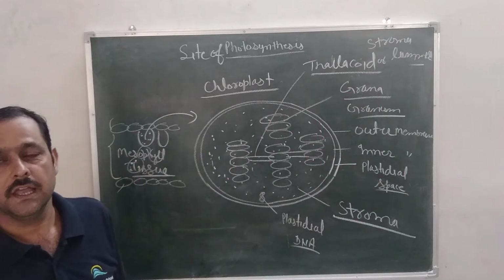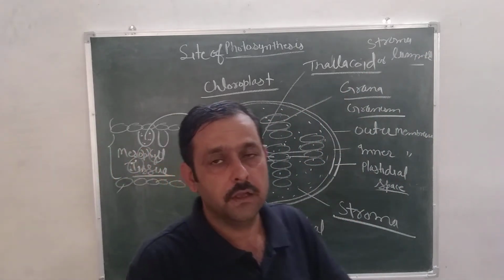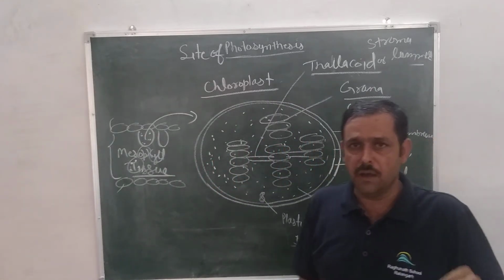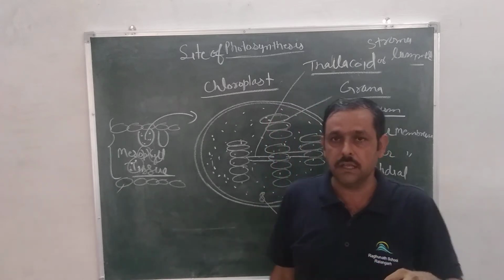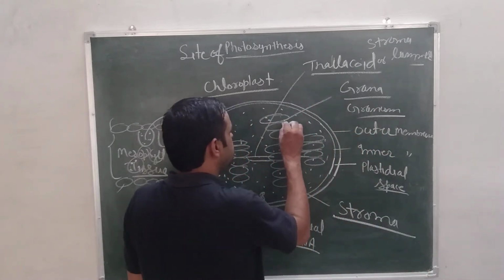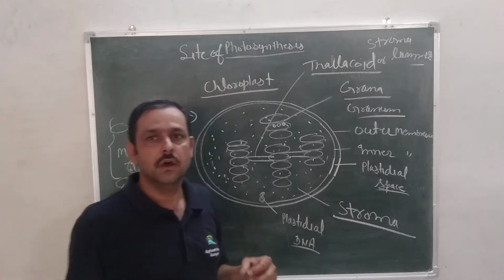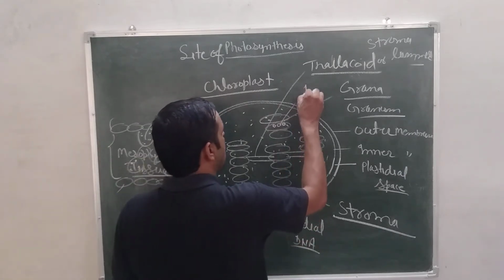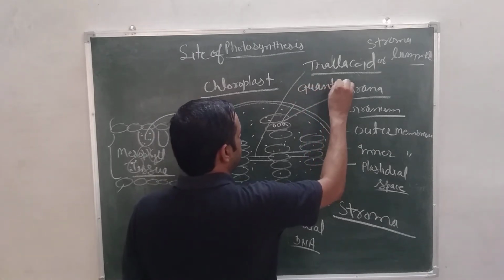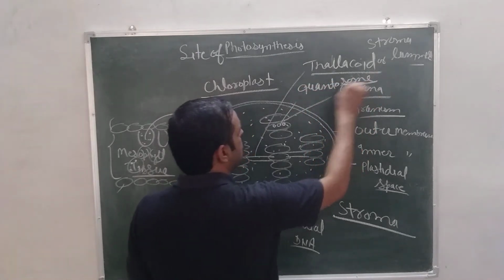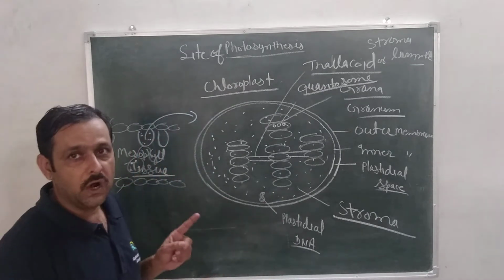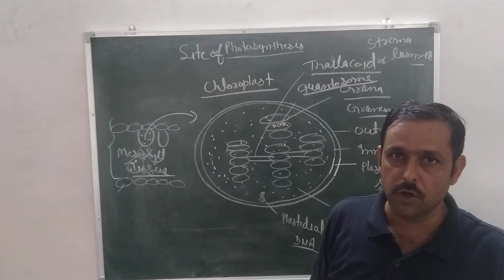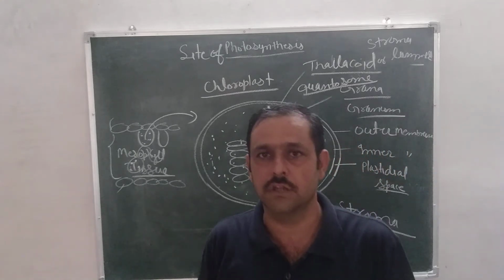Among the stroma lamella or thylakoid, there are some drops or micro bodies present, which are called quantasome. Remember, quantasome has 230 chlorophyll molecules. I can write it down on the board.